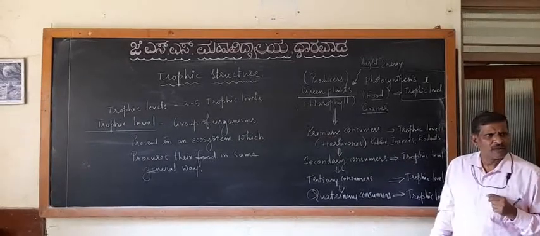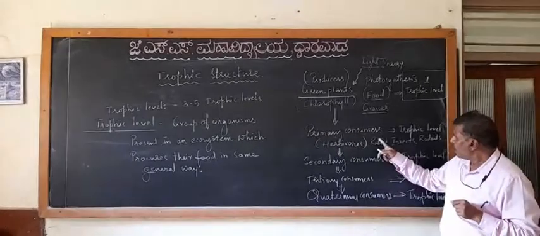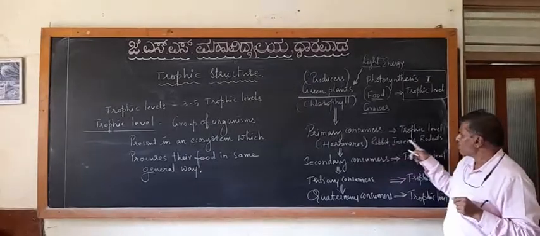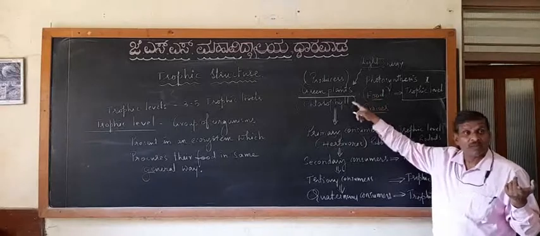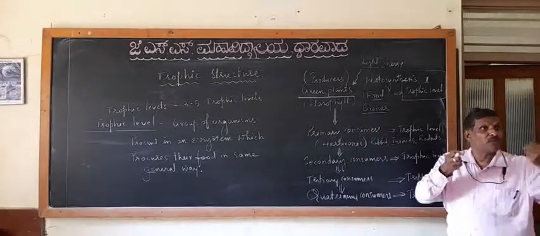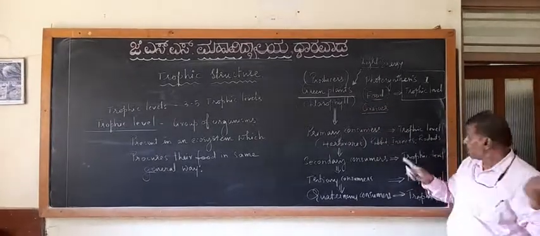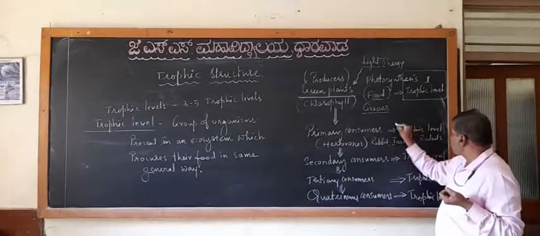How do these primary consumers get their food? The way of getting the food is by feeding upon the plants. The way of getting the food is common. That's why we treat them as one trophic level.